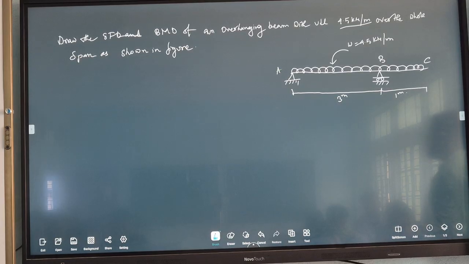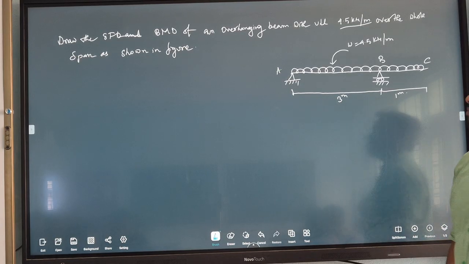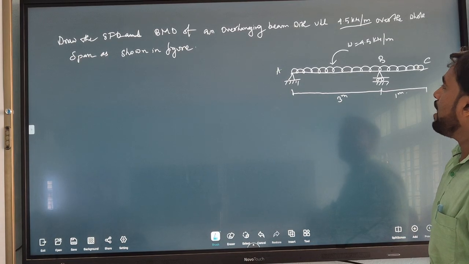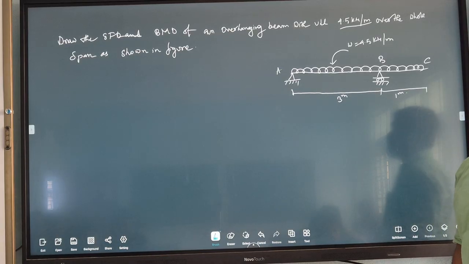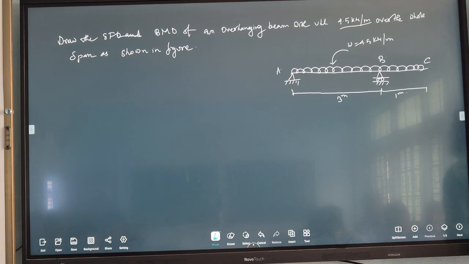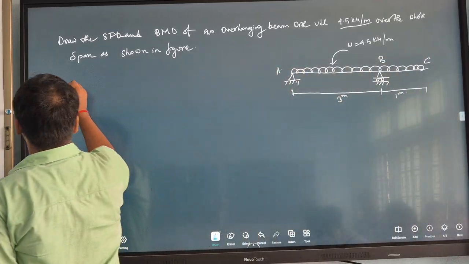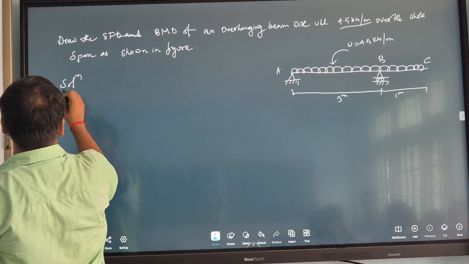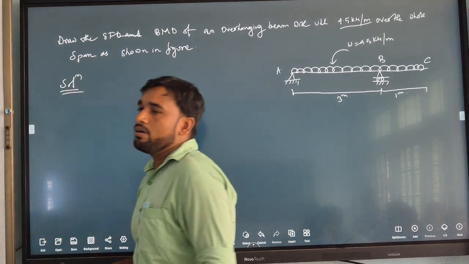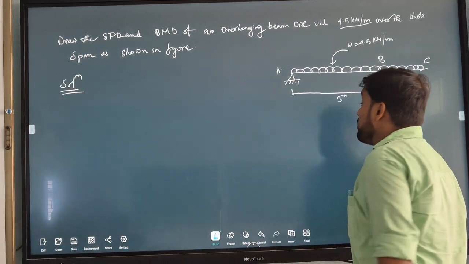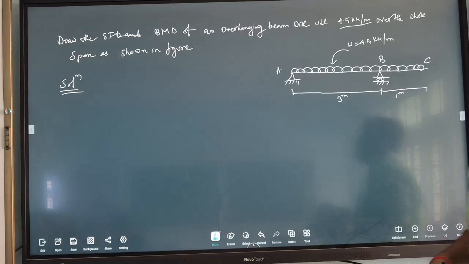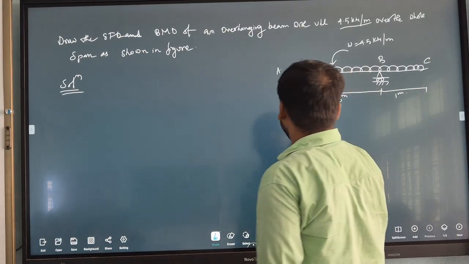We have to calculate the bending moment and shear force of the beam, as well as draw the shear force diagram and bending moment diagram. So now the solution. The first step is to draw the free body diagram of the beam.